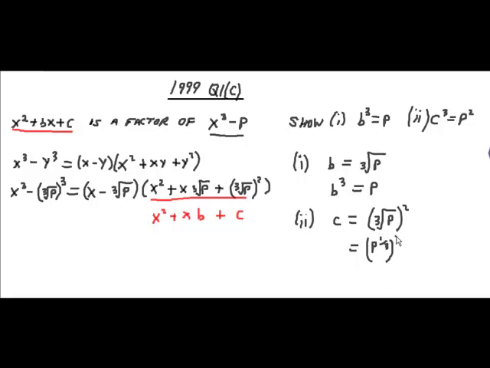And there's a square outside, which is p to the power of 2/3 if we use our rules of indices and multiply the powers when there's brackets. And finally, cube both sides, c cubed is equal to p to the power of 2/3, cubed. And the 3's cancel and you just get p squared, which is result number 2 here.